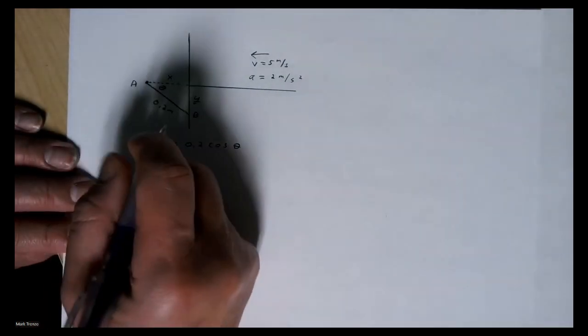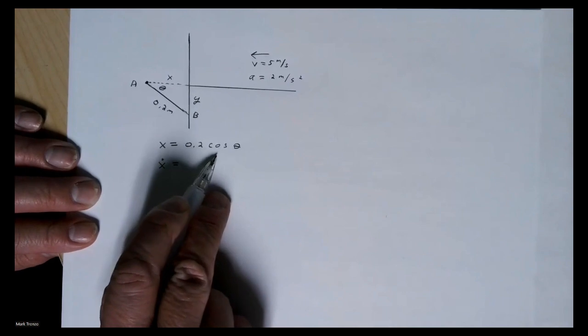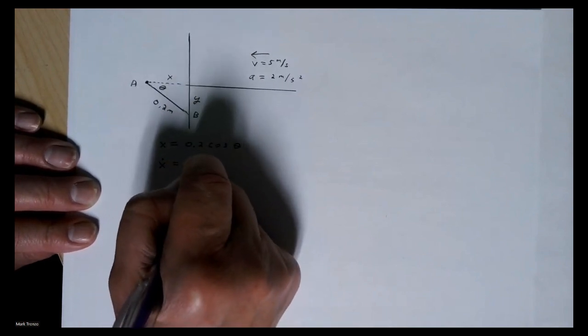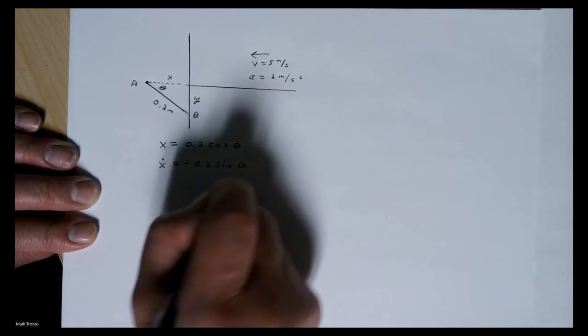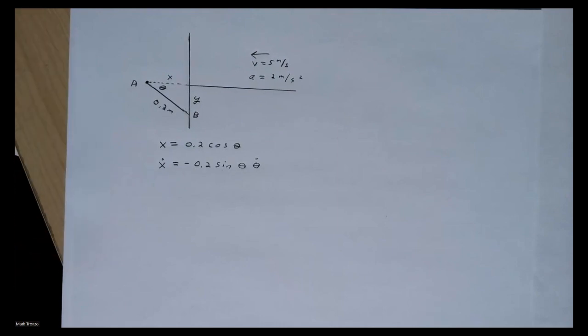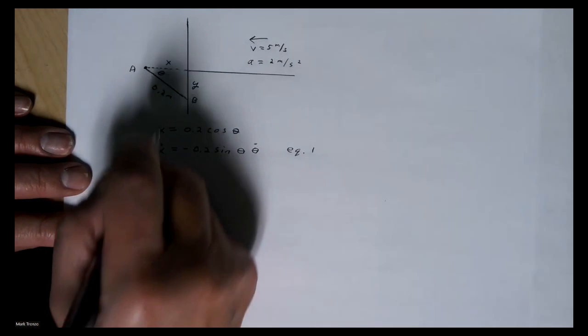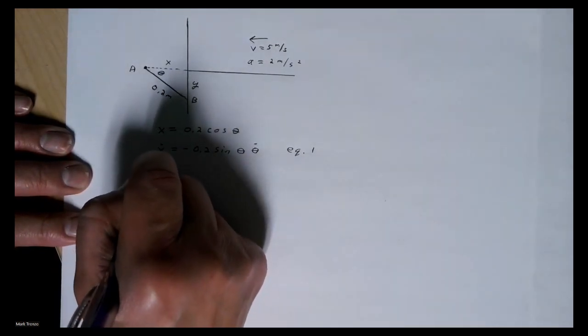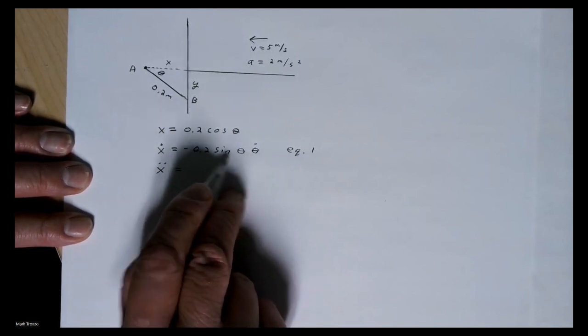Then again, if we take the time derivative, the derivative of this is negative 0.2 sine theta, and because we need the implicit derivative, we'll have to put a theta dot. And we'll maybe call this equation 1. Take another derivative, x double dot. Again, the derivative of the first.